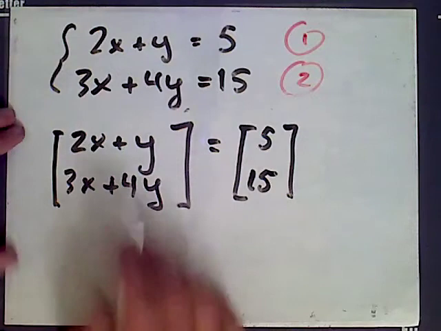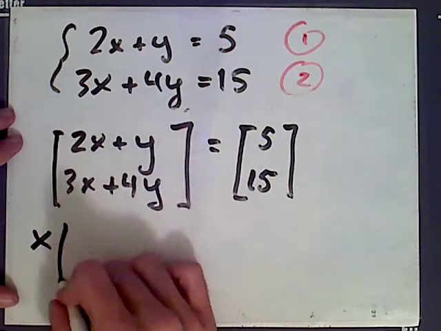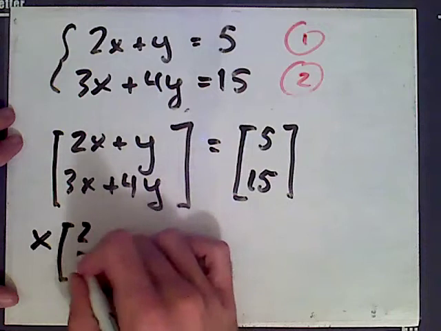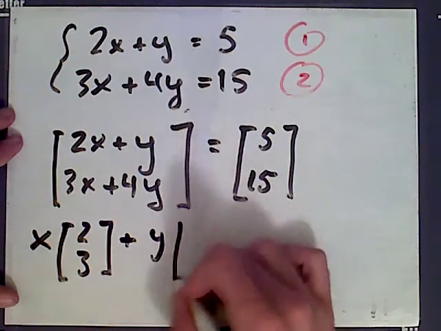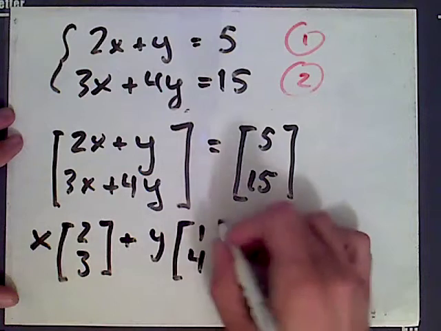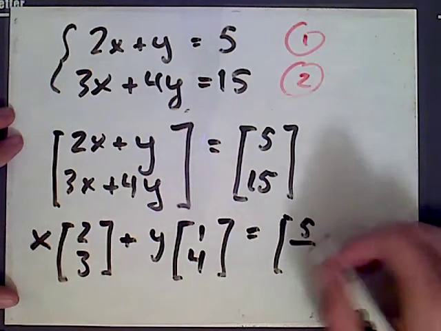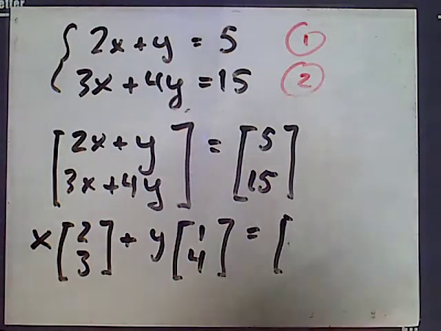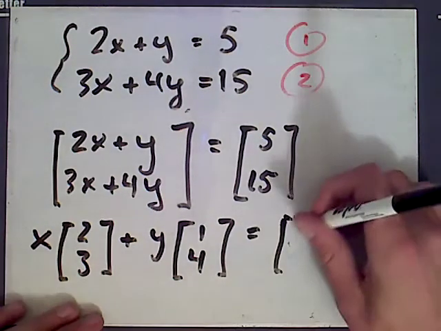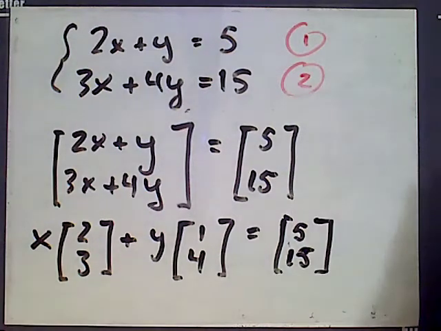Now we can separate this vector on the left into 2 vectors which look like this. This is using properties of vector addition and multiplication. So now suddenly we have an equation of vectors.